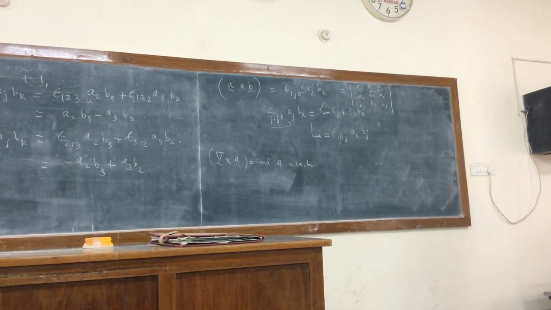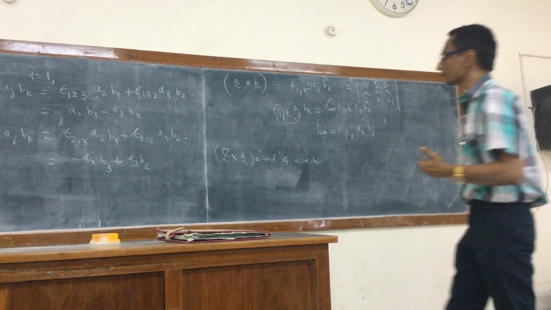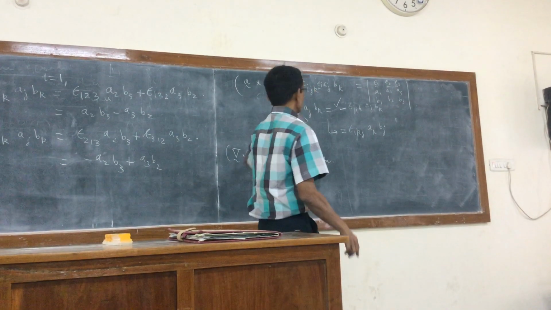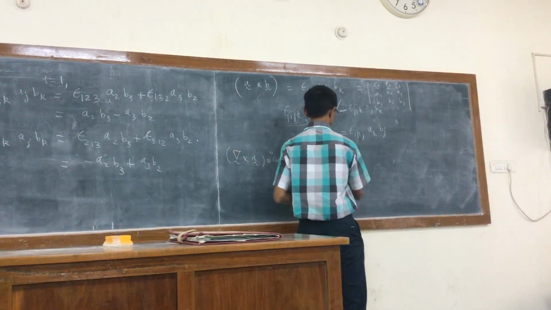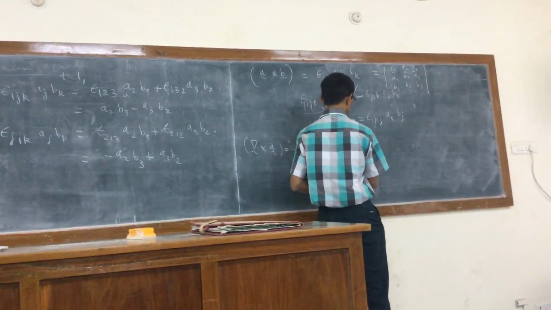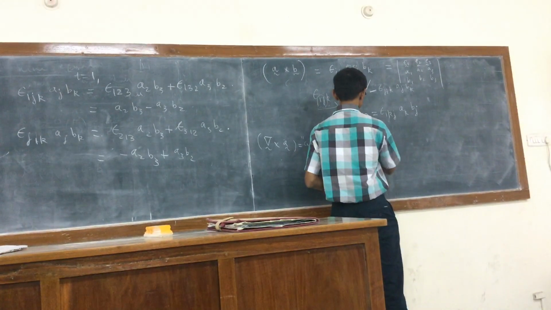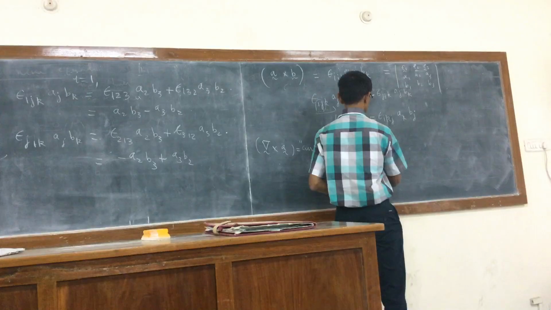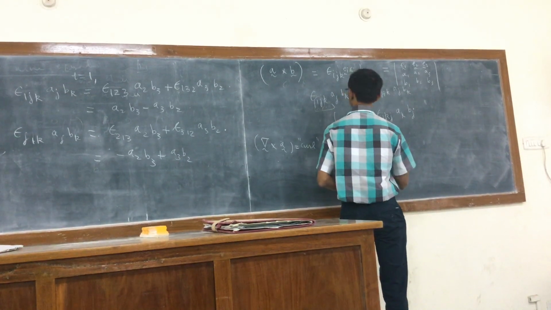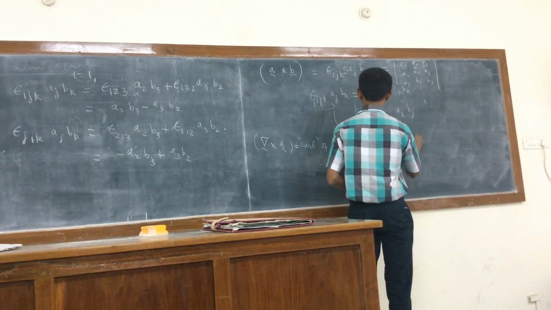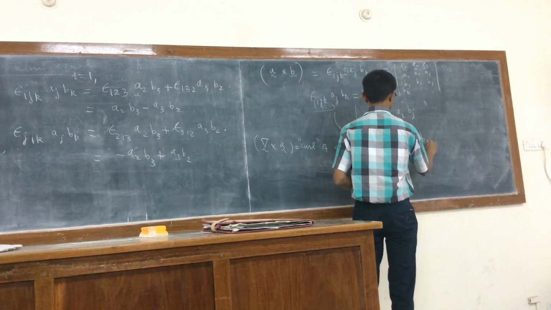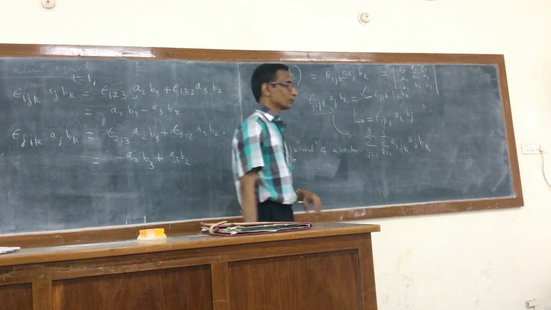So when we do that, this is sum over J, this is effectively sum over K. If I want to write it, J equal to 1 to 3, sum over K equal to 1 to 3, epsilon 1 j k. I'm just taking I equal to 1.